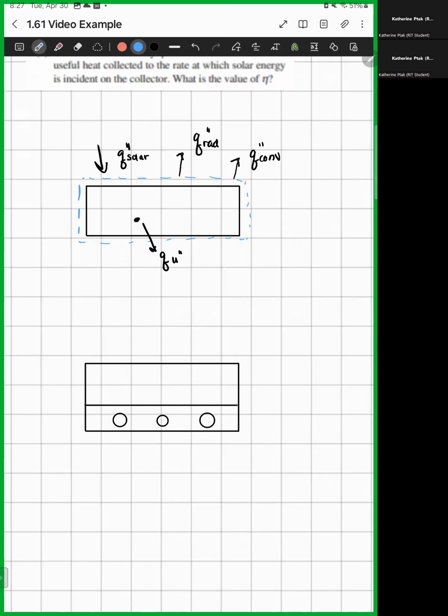Again, we have the control volume going around here. We have air over here, where T infinity equals 25 degrees Celsius and h equals 10 watts per meter squared Kelvin.